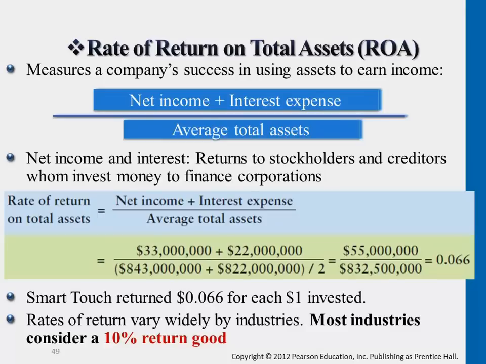Of course, different industries may have slightly different rates, but on average we would say 10%, meaning if every dollar of total assets turns into 0.1 dollar, then this ROA is considered pretty strong, and above that, the higher the better. So it's net income plus interest expense over average total assets, where beginning plus ending divided by 2 is the average. This is ROA.